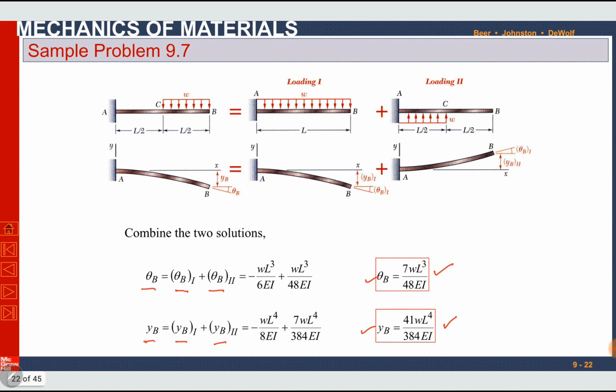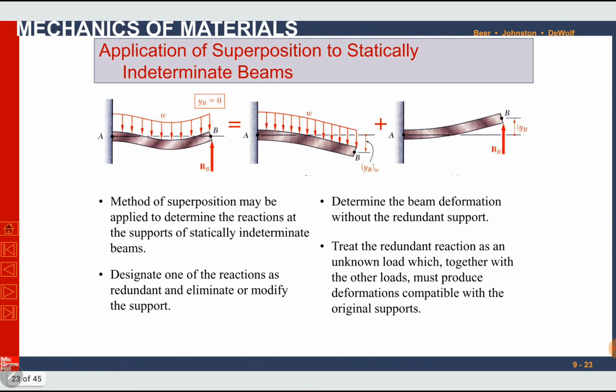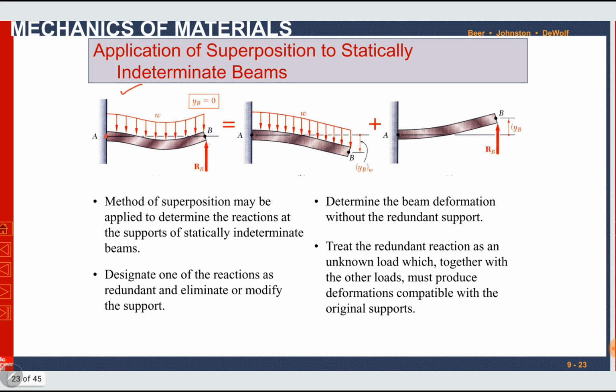This topic was method of superposition for statically determinate beams. Now we can apply the same method to statically indeterminate beams. How can we do it? If we have a statically indeterminate beam, for example this one, where one end is fixed, which has 3 unknown reaction forces, and the other end is a roller support which has a reaction RB.